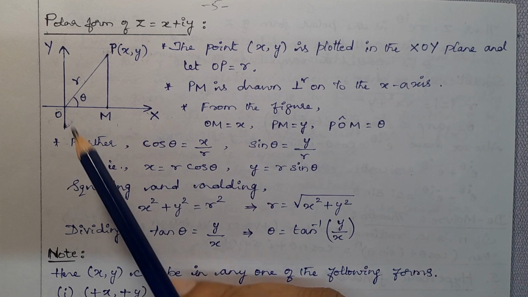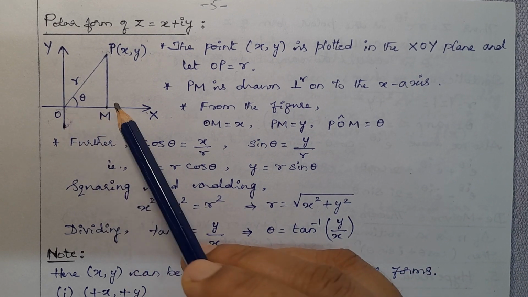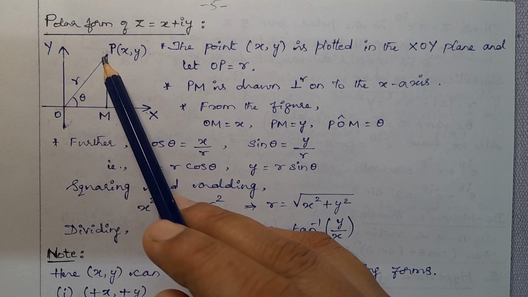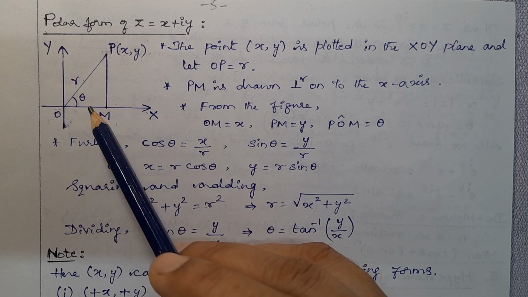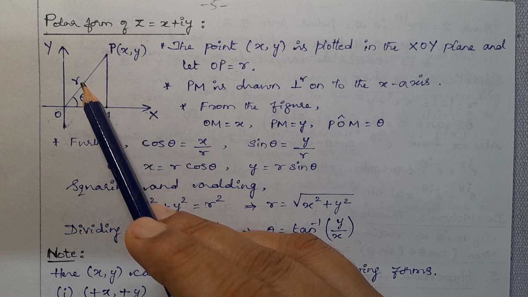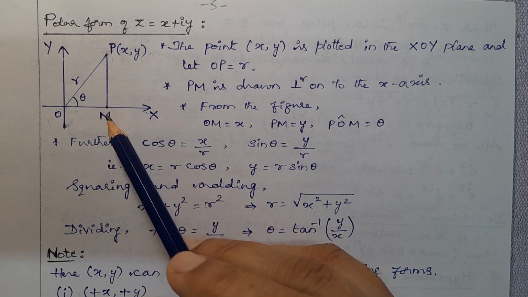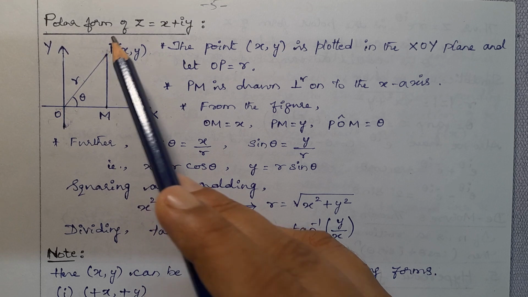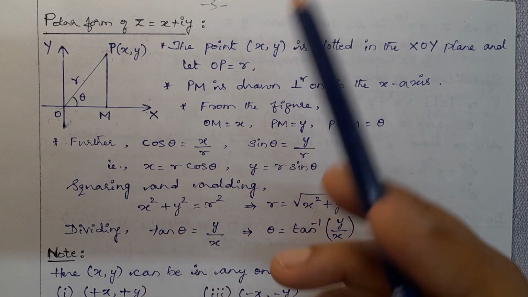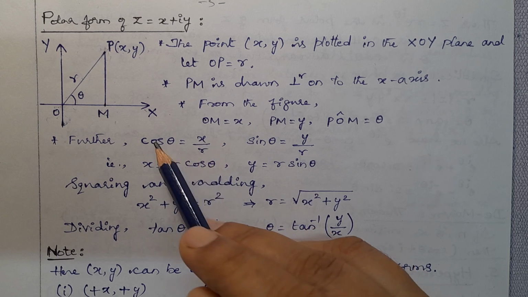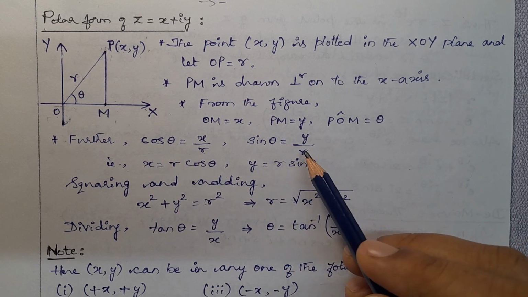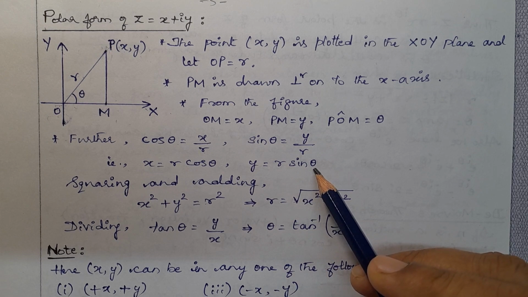Further, cos theta equal to adjacent divided by hypotenuse, x divided by R. Sin theta is opposite by hypotenuse, y divided by R, or PM divided by OP. That is x equal to R cos theta and y equal to R sin theta.